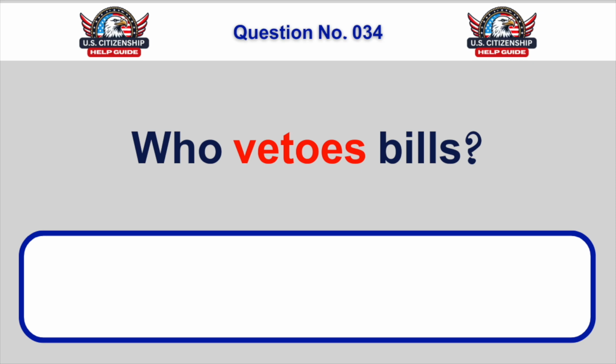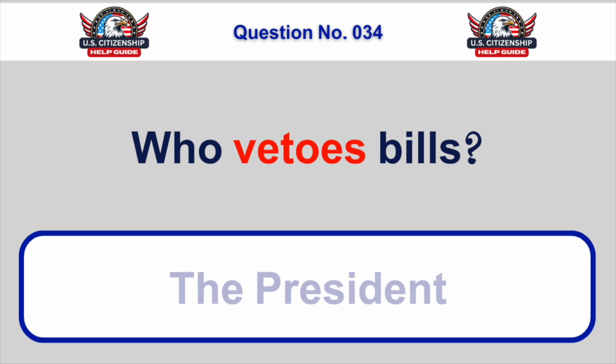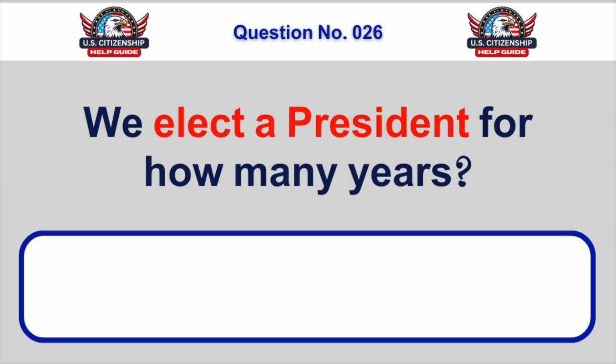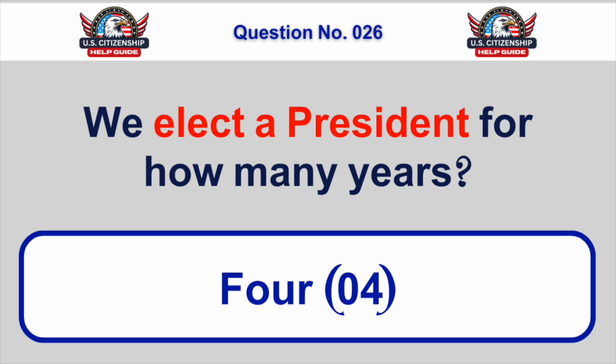Who vetoes bills? The President. We elect a president for how many years? Four.